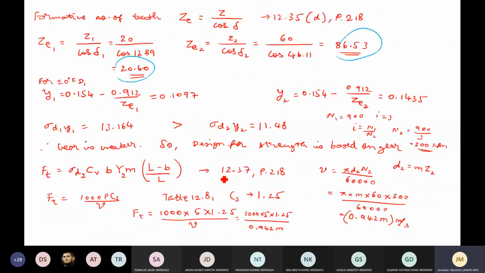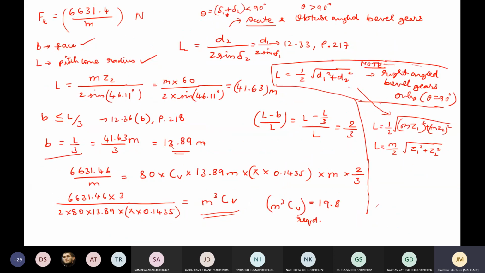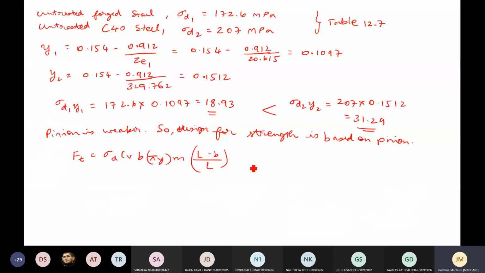This is the formula 12.37 in page 218. With respect to the pinion, it is all with the suffix 1. So this is sigma d1, this is y1, other things will remain.